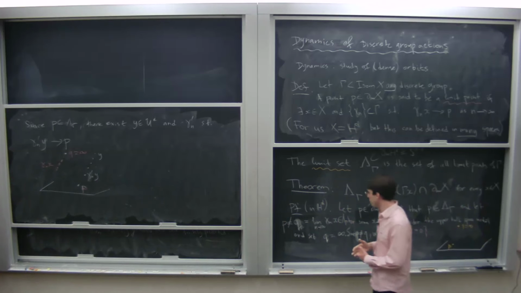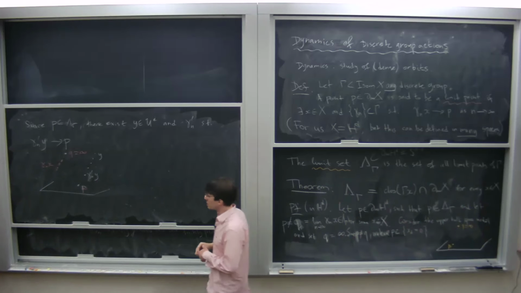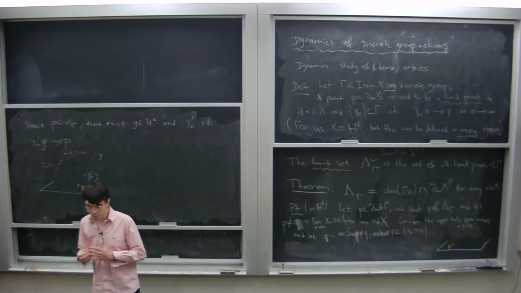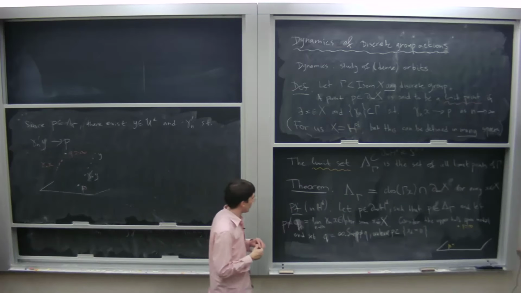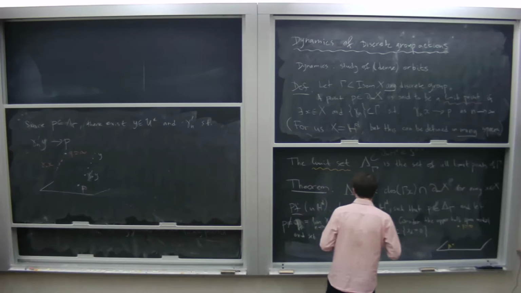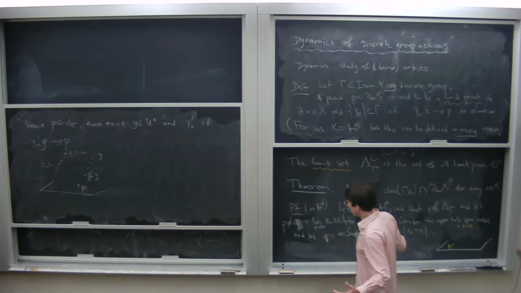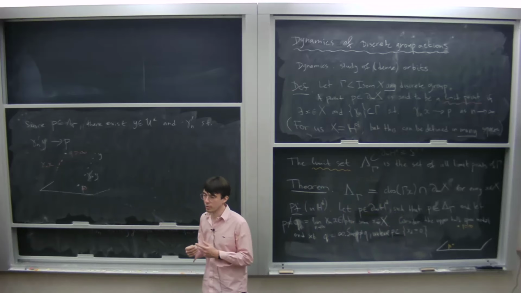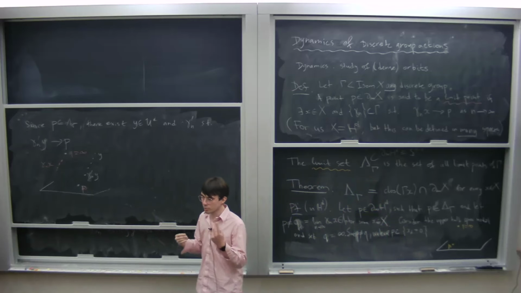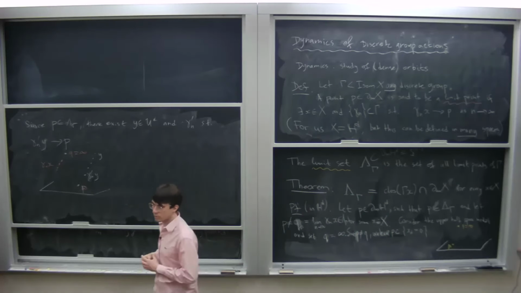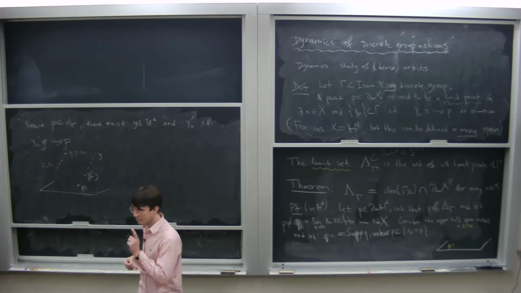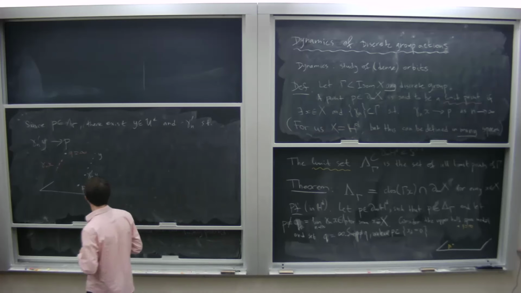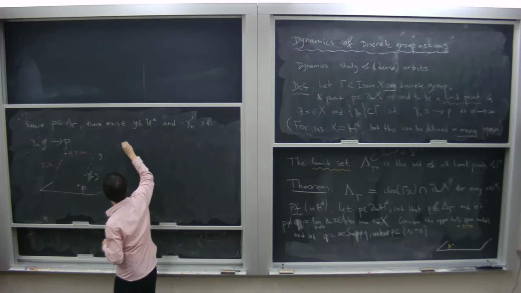I'm trying to show that if I have one sequence but two different points, they should converge to the same limit. So the desired theorem would follow from this.